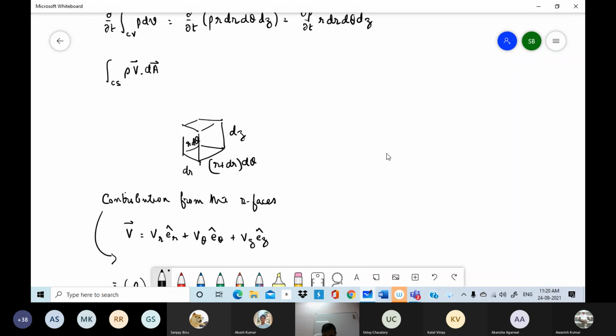The normal to the theta faces is in the theta direction. The positive theta direction is the direction in which theta increases. So the surface at theta has a normal in the negative theta direction, and the one at theta plus d theta has a normal in the positive theta direction.